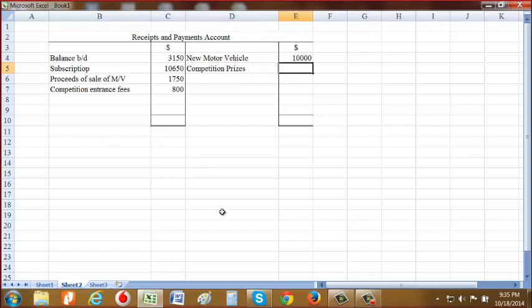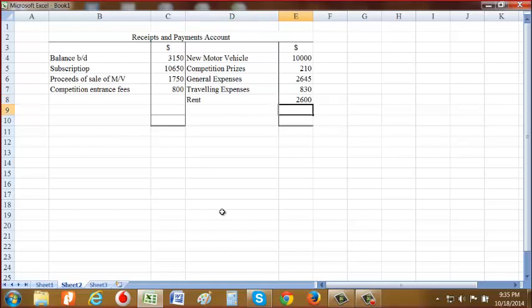How much amount? $210. After that, general expenses. How much amount? $2645. Then traveling expenses. How much amount? $830. After that, rent paid. We paid rent. How much amount?